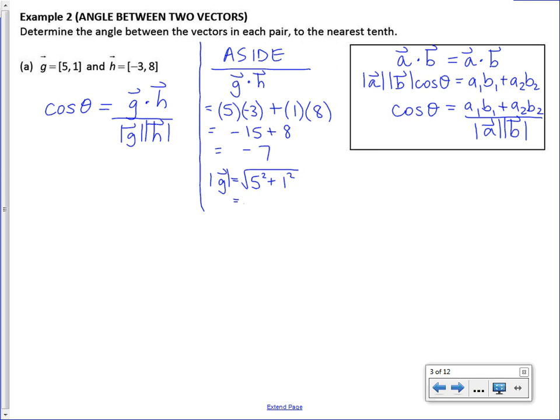I don't want a decimal, guys, just write me this in as simple radical form as you can get. Right now, don't worry about mixed radicals in this context. So just tell me what this one is. What would be 5 squared plus 1 squared?